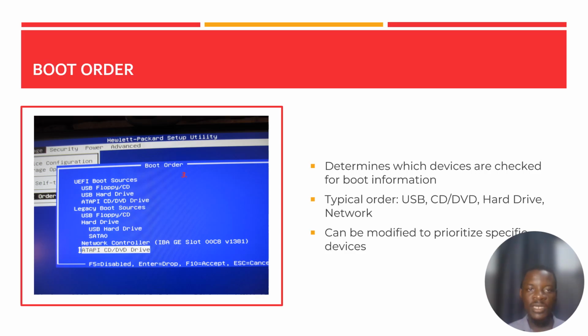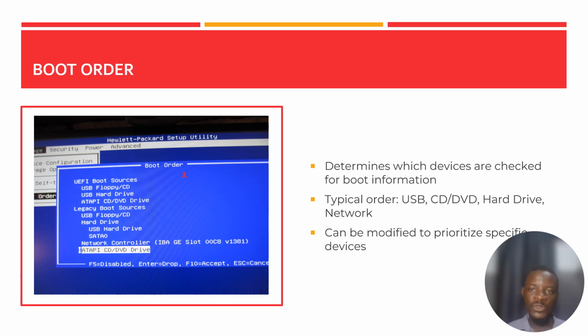The boot order determines the sequence in which your system checks drives for boot information. Typically, the order might be USB drive, CD drive, hard drive, and network boot, but you can modify this order to prioritize your specific drives.